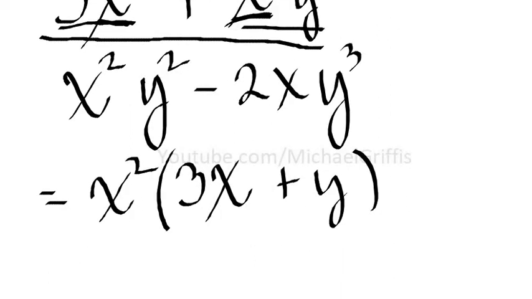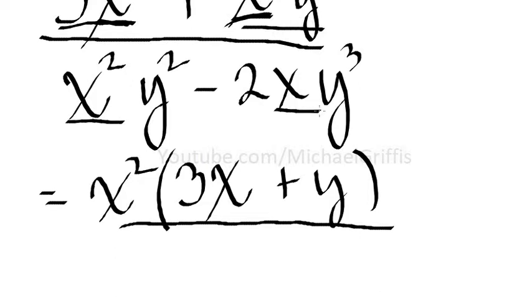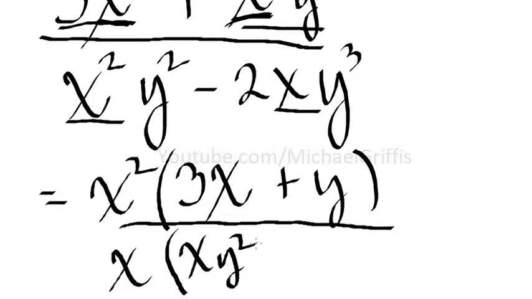Let's look down here at the denominator. We have 2 x's and 1 x, so we can at least pull out one of the x's. What are we left with? An x y squared minus 2y cubed. Now we could pull out a y if you want.